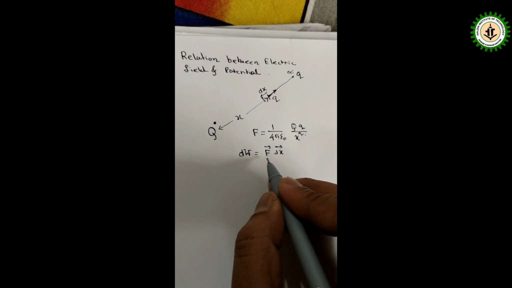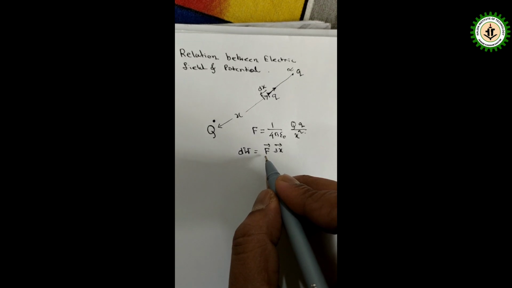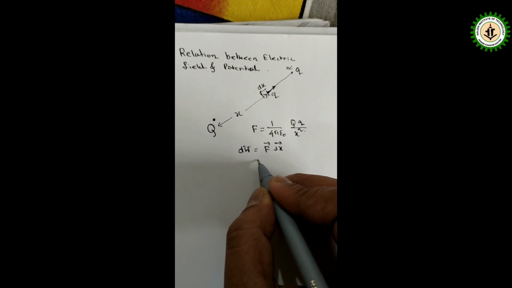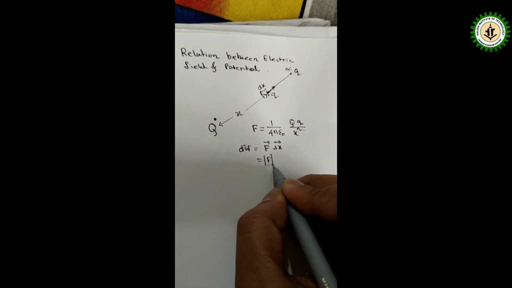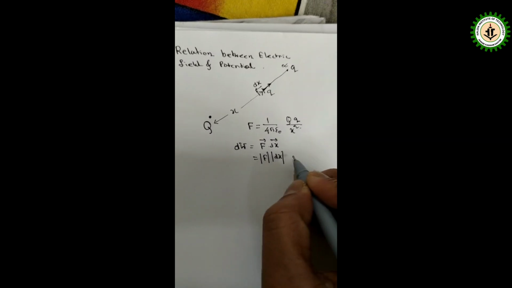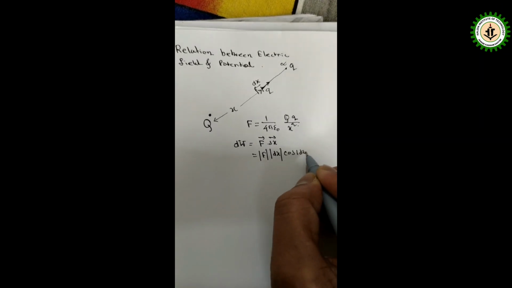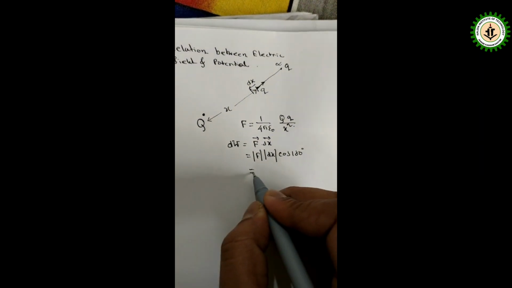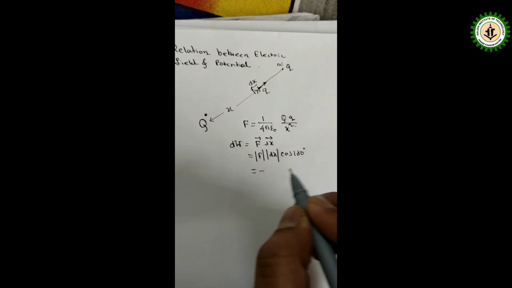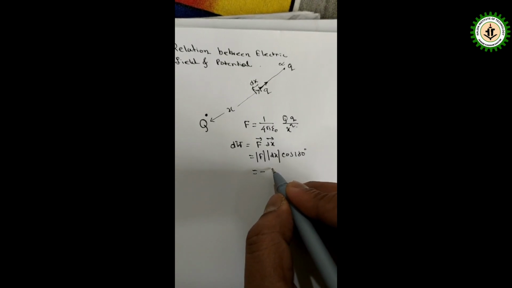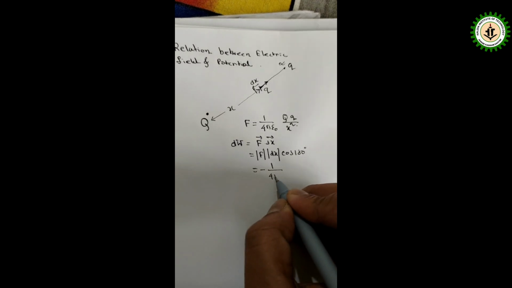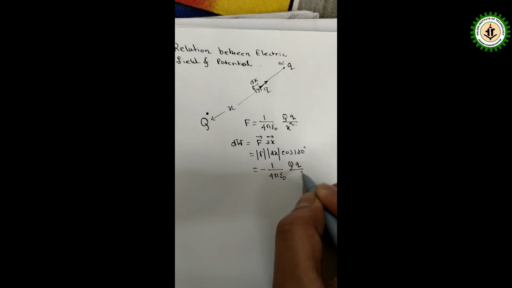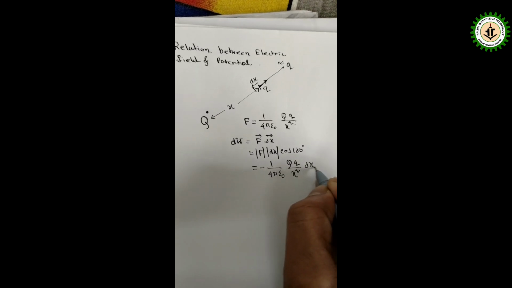So obviously the angle between the force vector and the displacement vector equals 180 degrees. So I can write F into dx into cos 180 degree. The value will be minus, since cos 180 degree is minus, and the force equals 1 by 4 pi epsilon naught capital Q small q by x square, into dx.